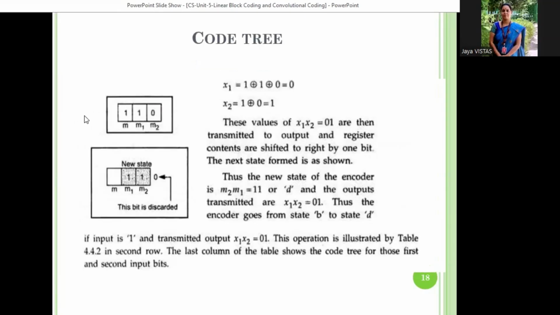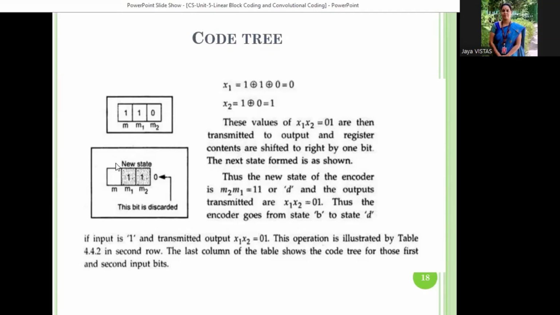In the previous state it was 0, 1, 0. Now the second bit 1 came, M is equal to 1, so it is 1, 1, 0. It takes the next shift: this one moves here, this one moves here, and the 0 is discarded. So this is the next state for the second bit.